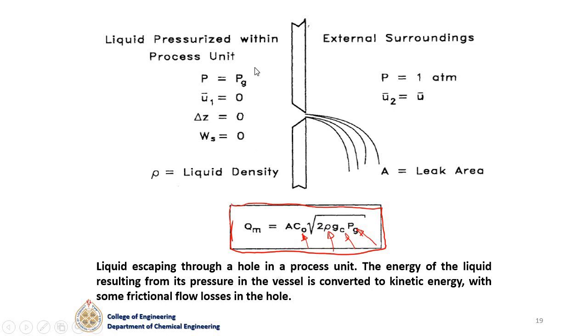Okay, so what do we have here? This system tells me that I have a certain pressure within the tank, a velocity which is 0 here, especially if you compare it to an average velocity outside this term. Delta Z from this point to this point is 0. There's no shaft work. Here I would consider that it's not really accurate to say I have an average velocity.